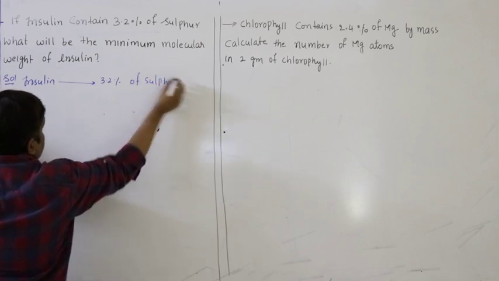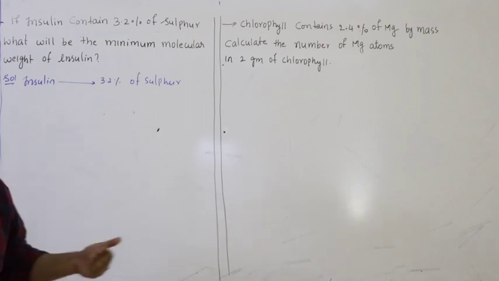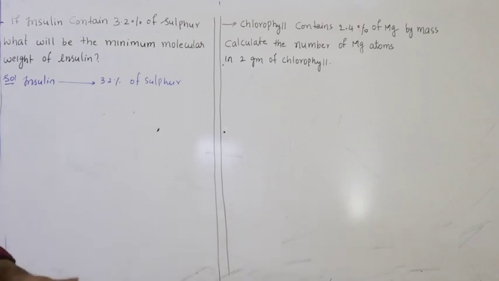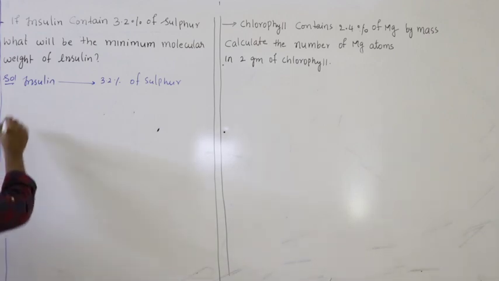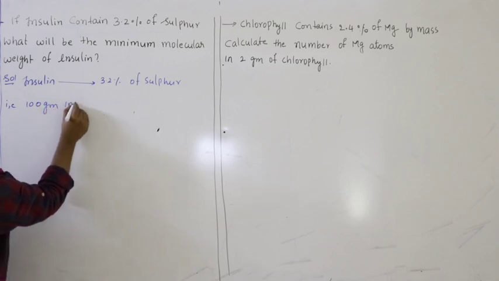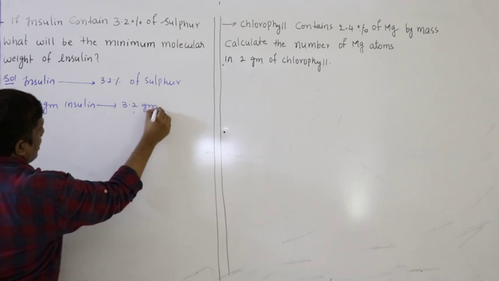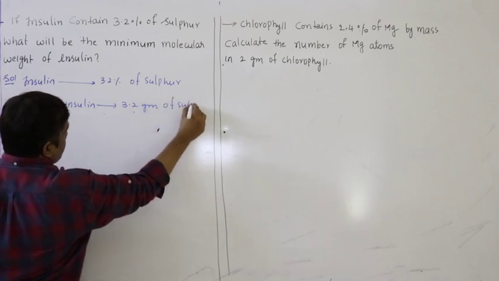Now as you can see, nothing is mentioned, so you have to consider it as weight by weight. 3.2 grams per 100 gram. That means for every 100 grams of insulin, contain 3.2 grams of sulfur. This is the minimum.